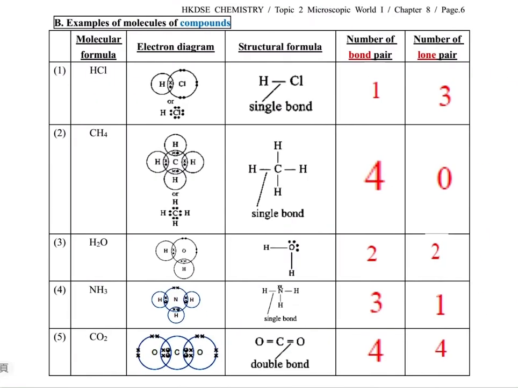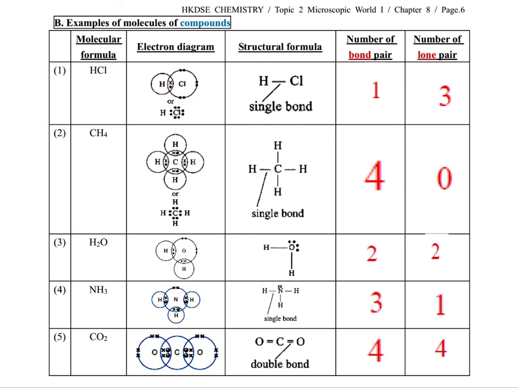Okay, some more examples are on this page, on this table. For HCl, for example, it should be 1 electron shared because Cl is 2, 8, 7. 1 electron is needed to become octet. So it shares 1 electron, and hydrogen also shares 1 electron. After sharing, for chlorine, you see 1, 2, 3, 4, 5, 6, 7, 8 electrons, so stable.